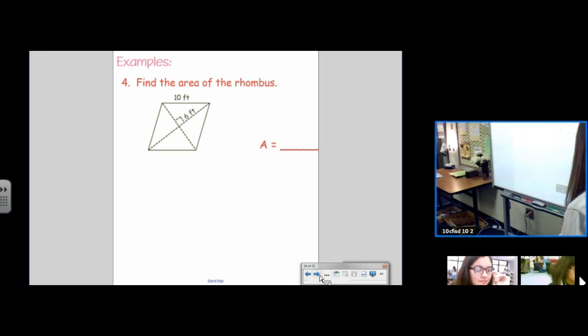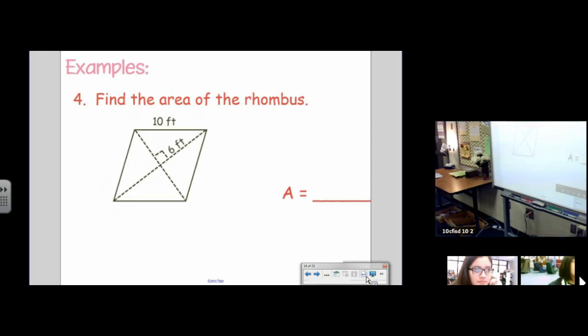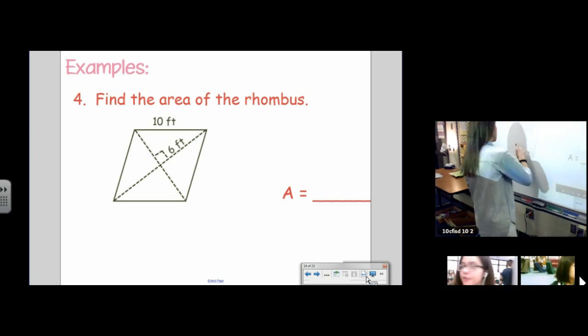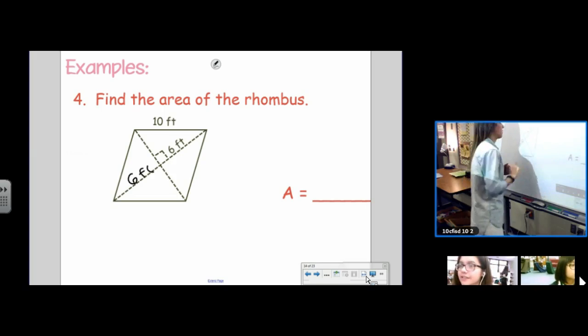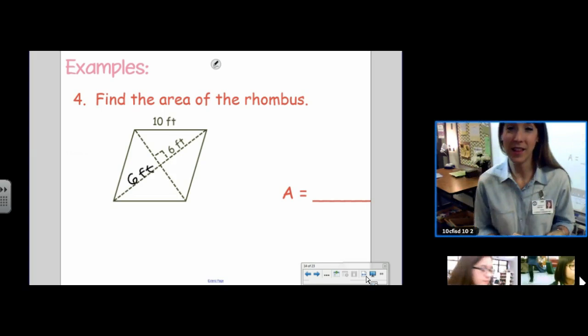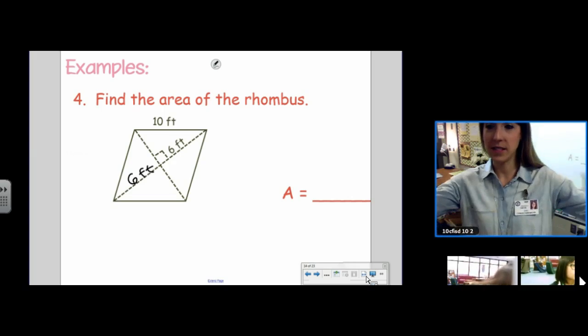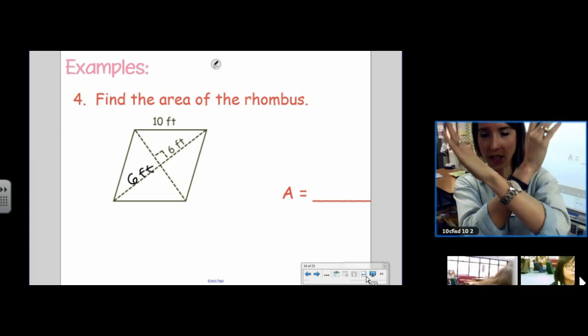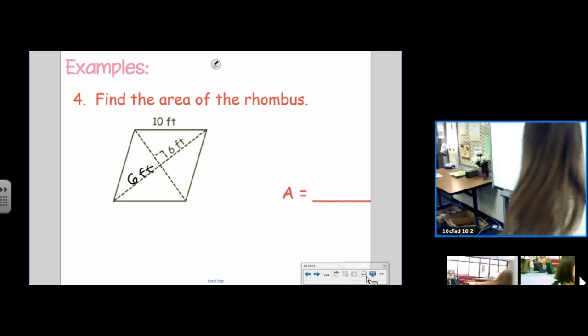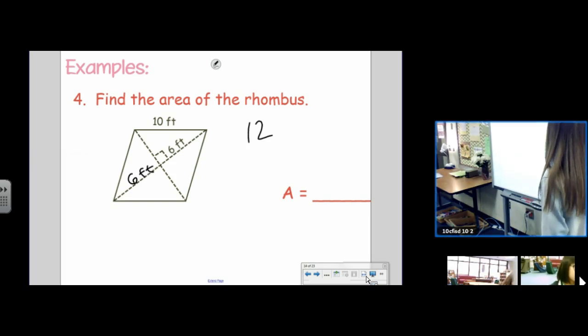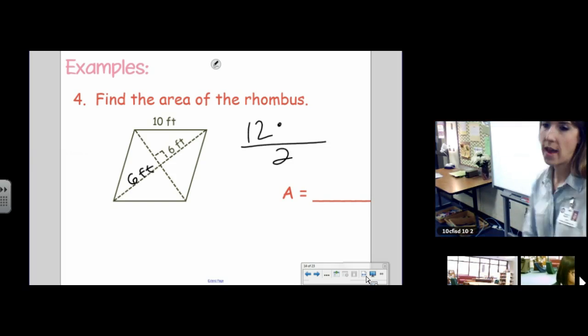All right, go ahead and try to find the area of the rhombus. Diagonal 1 times diagonal 2 divided by 2. We know from our quadrilateral unit that a rhombus is a parallelogram, and a property of a parallelogram is diagonals bisect each other, right? So, one of the diagonals is 12.